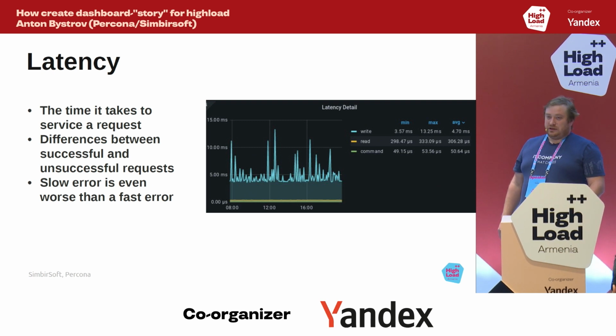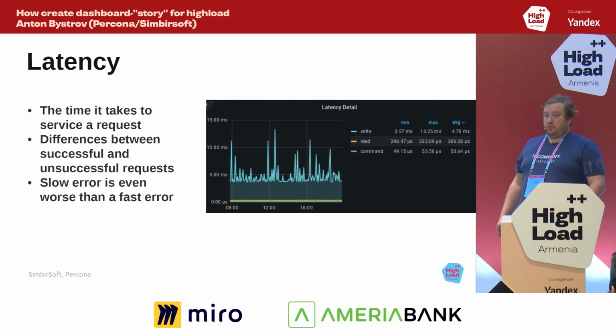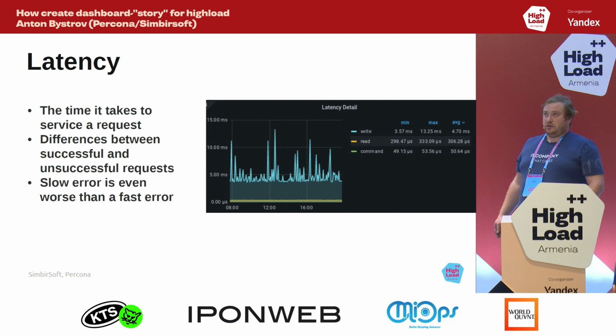About the four golden signals: what does this book say to us? We have four kinds of important metrics. First of all, latency. It means how much time it takes to service a request. We send a request to our system, and then we get a response from the system. This time is very important.